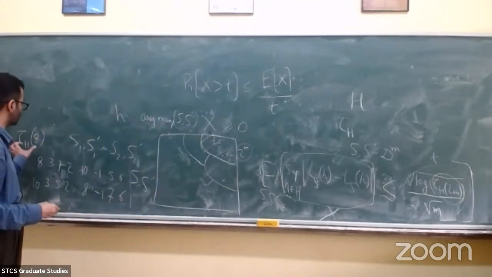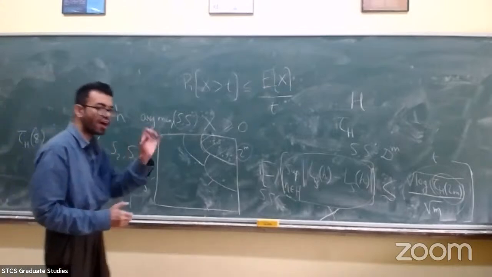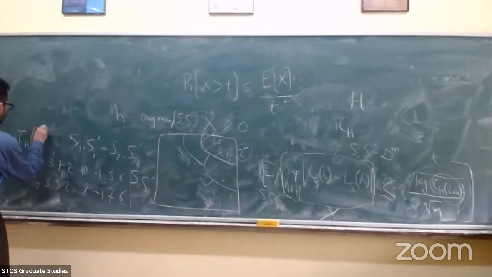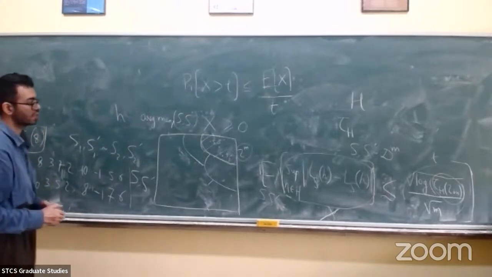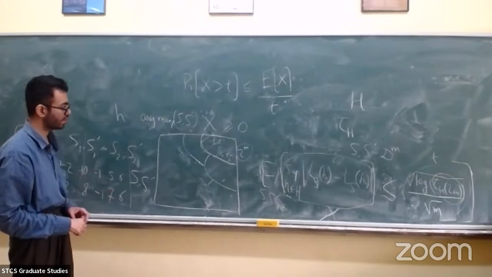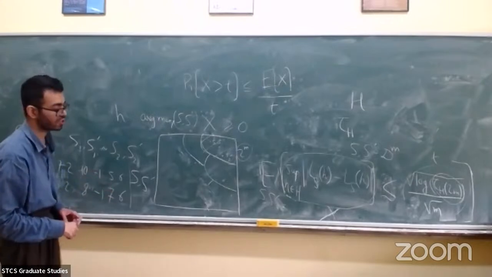And so you can just multiply the small average that you got for your fixed H with tau H of 8. They cannot be more than that.